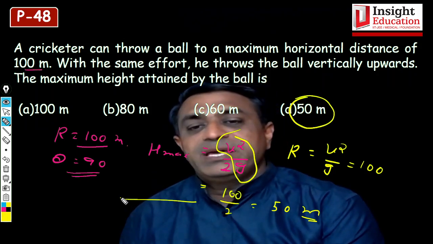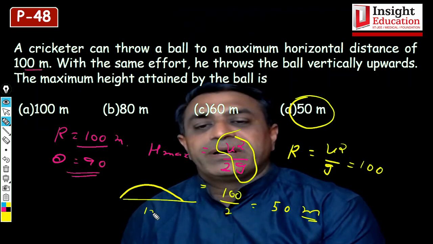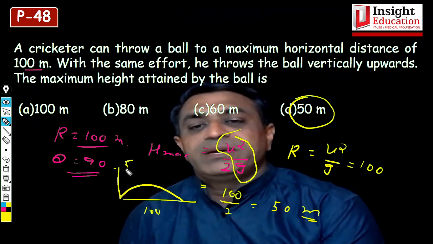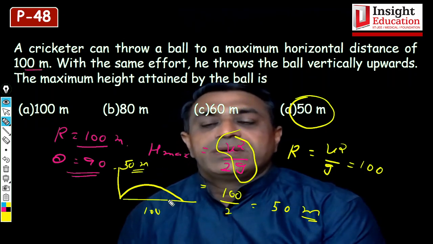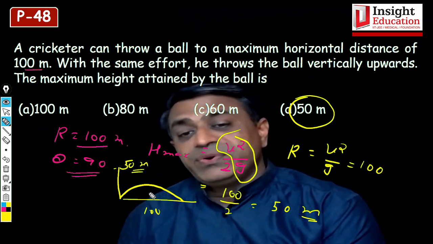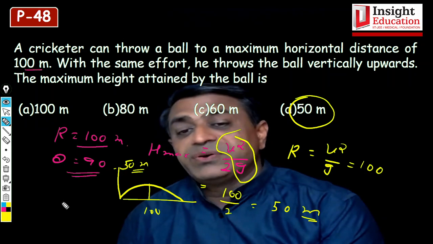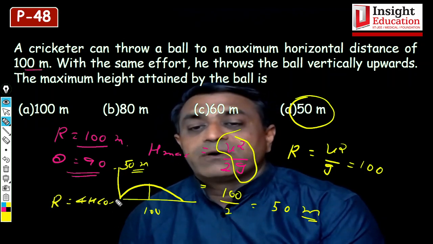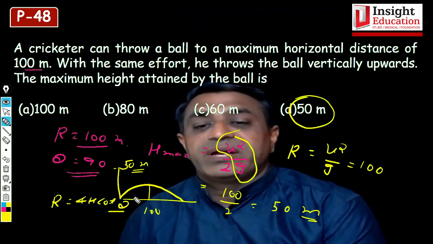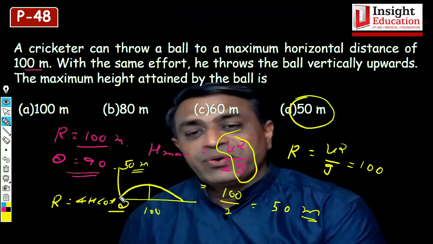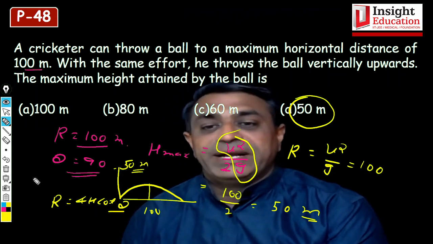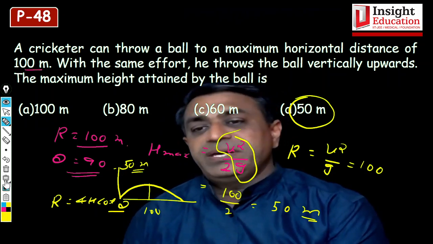Horizontally he can throw up to 100 meter, but vertically he can throw up to 50 meter. If you want to find the height for maximum range, in that case we have to use the equation R is equal to 4h cot theta. So here we cannot use 90. This equation can be used when the range is maximum to find the height. But here it is 50 meter.